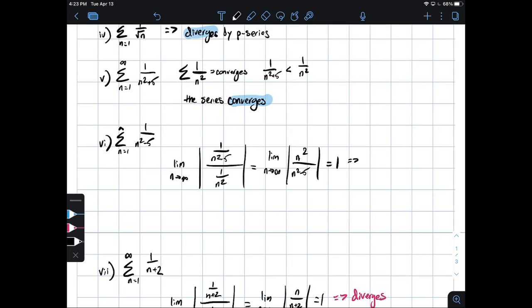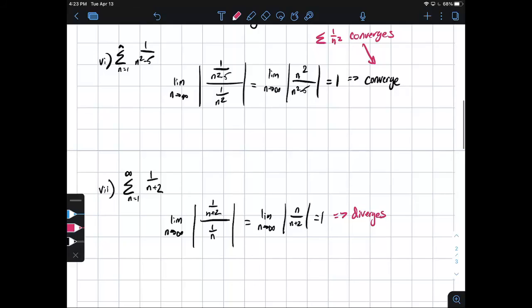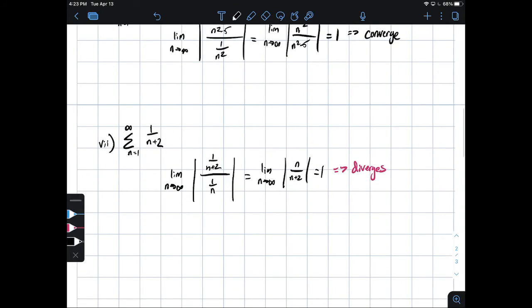They both do the same thing. In this case, 1 over n diverges, so 1 over n plus 2 also diverges. And I'm sorry for that error, but at least we rectified it.